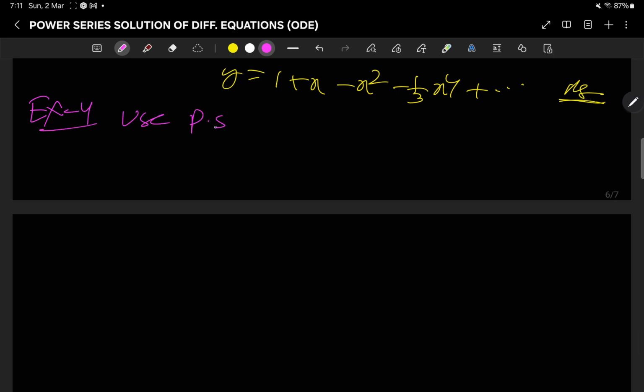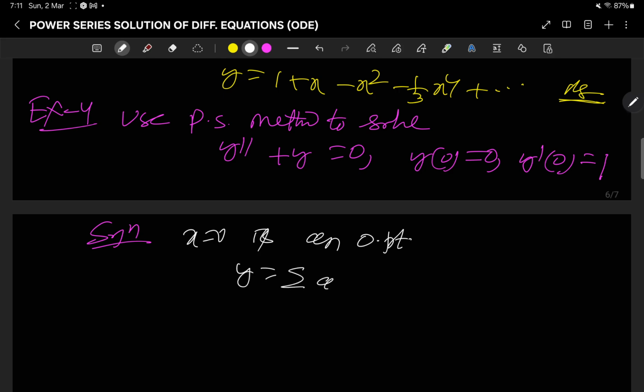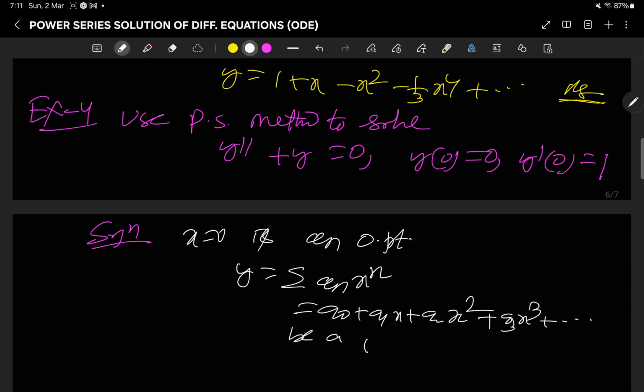Use power series method to solve y double dash plus y is equal to 0, y(0) is equal to 0 and y dash (0) is equal to 1. Okay, so here x is equal to 0 is an ordinary point. So y is equal to summation of an x to the power n, which is a0 plus a1x plus a2x square plus a3x cube plus dot dot dot, be a power series solution of equation 1.